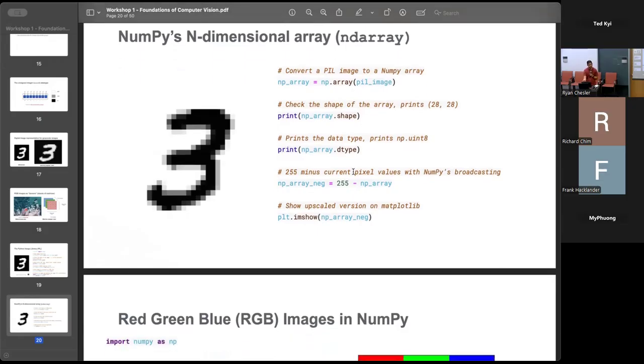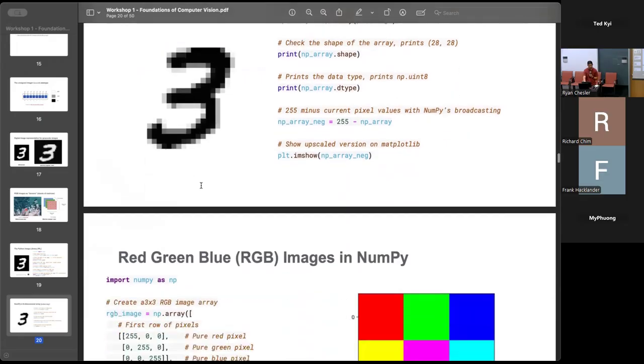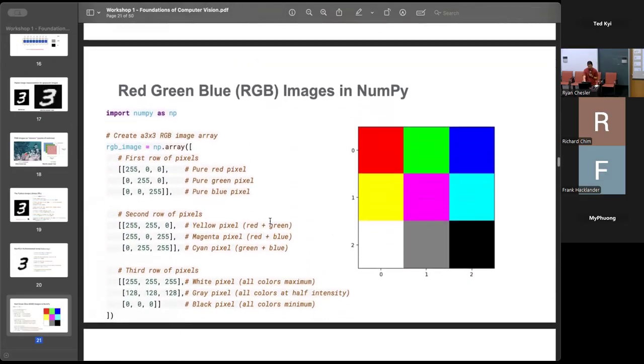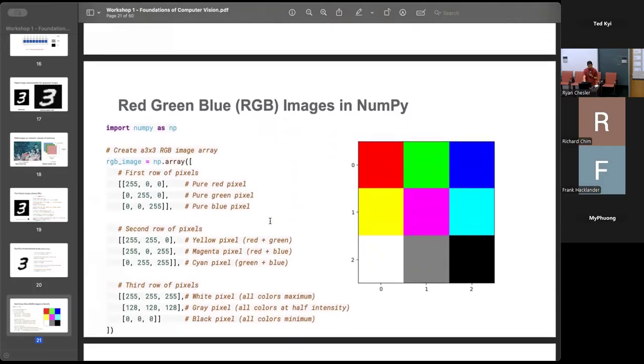Originally it was a black background with white text. Now we can make it a white background with black text by just doing 255 minus all of the values. It flips everything because you start with 255 and then cut the pieces away from it. So you end up with this image here. That was a simple grayscale example.